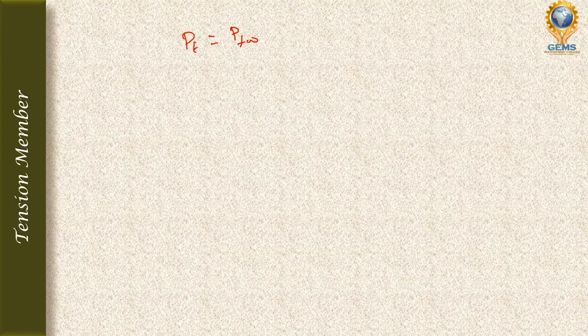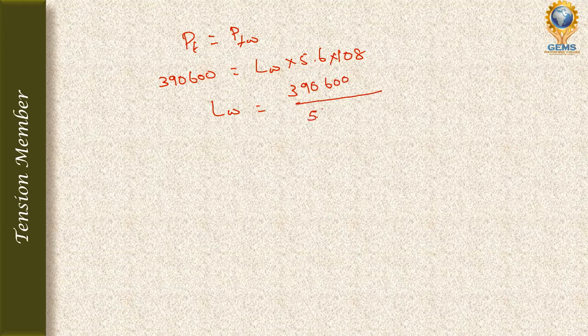So here it is 390,600 equals LW into 5.6 into 108. So LW is equal to 390,600 divided by 5.6 into 108. It will come as 645.83 mm, or we can take it as 650 mm LW.